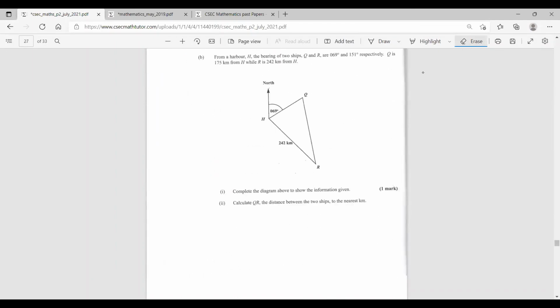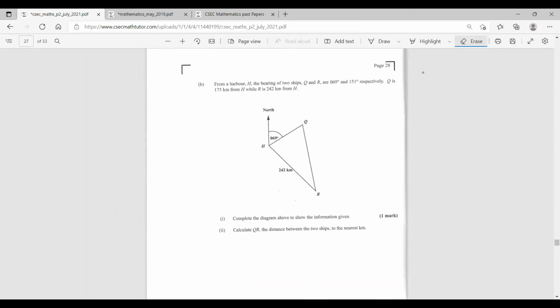And then we will go on to the trigonometry part of the questions. I know that we would have started some of this already, and we did cosine rule and sine rule. Yes? So that's what we will be revising in these coming questions.